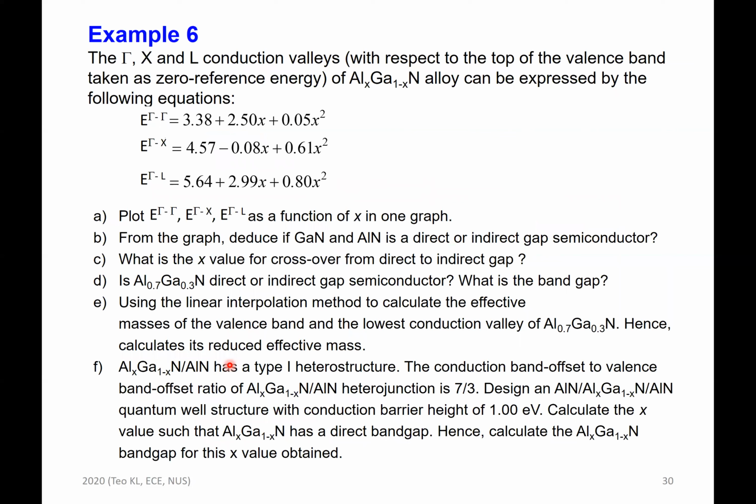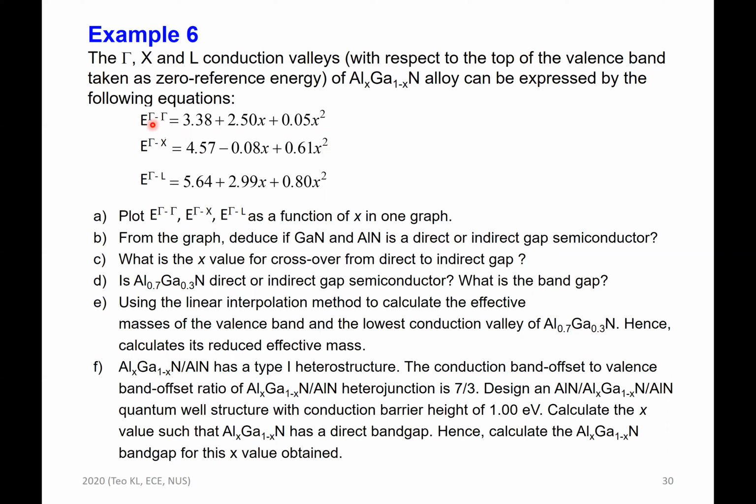Let us look at one example. The gamma, X, L conduction values of aluminium gallium arsenide can be expressed in the following equation. So this goes like x squared dependent, so it's a quadratic equation.